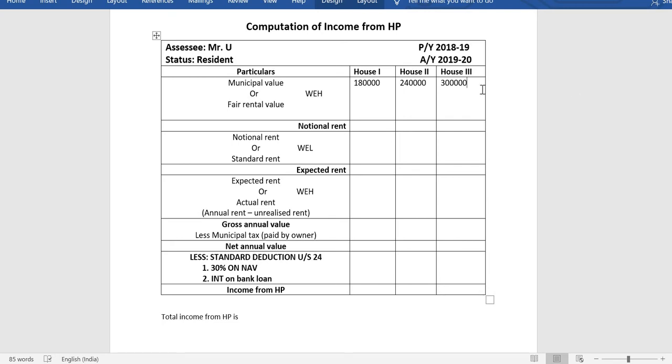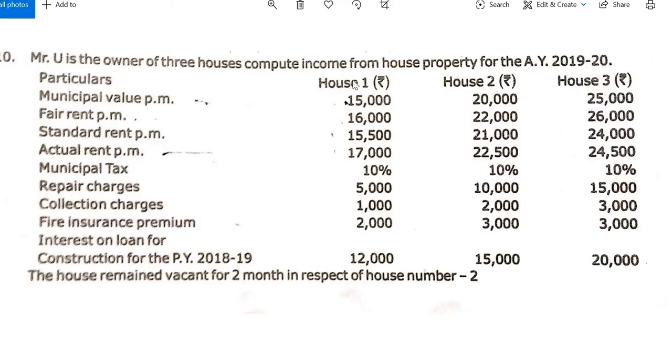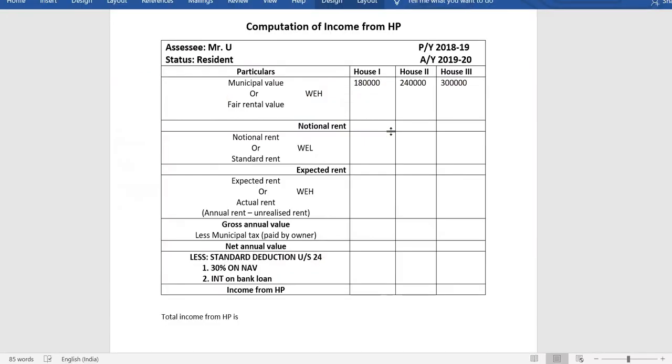Then fair rental value. Fair rent per month is given as 16,000, 22,000, 26,000. So you need to multiply with 12. 16,000 into 12, you will get 1,92,000.